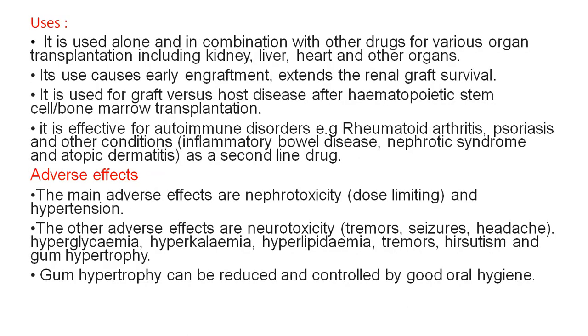Coming to uses of cyclosporin, it can be used alone and also in combination with other drugs for various organ transplantations. As I have already told, these calcineurin inhibitor immunosuppressant drugs can be used for organ transplantation because they can prevent rejection of the transplant.